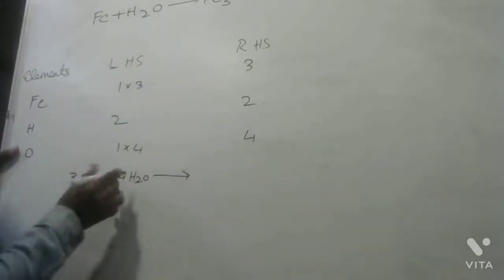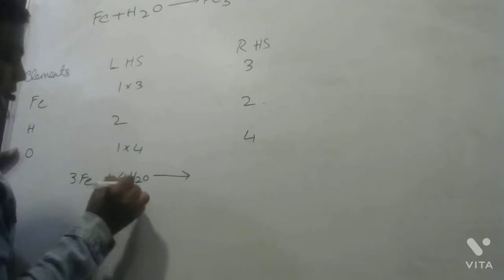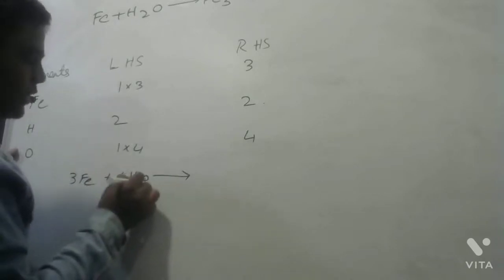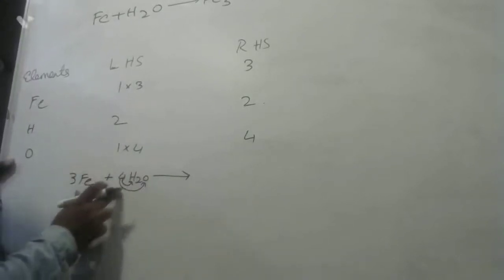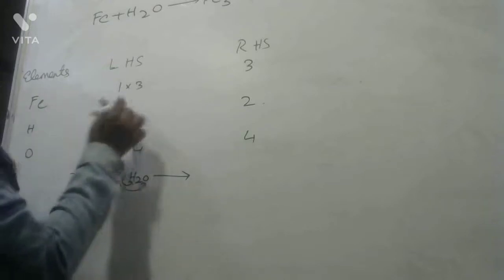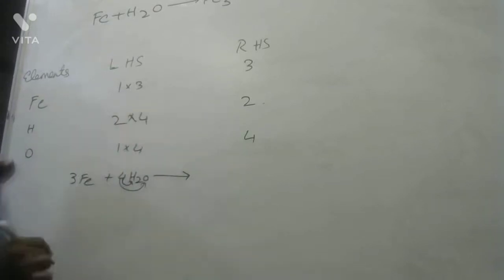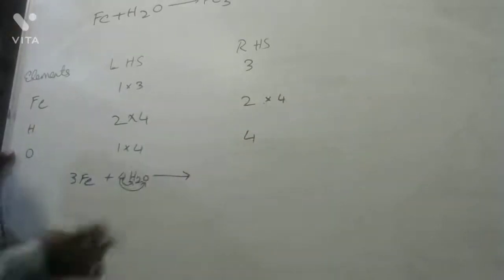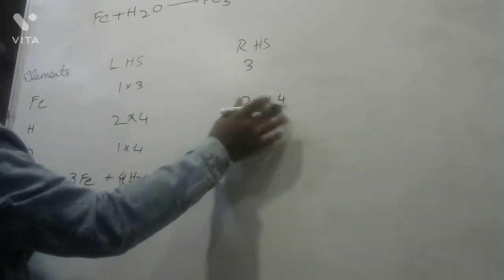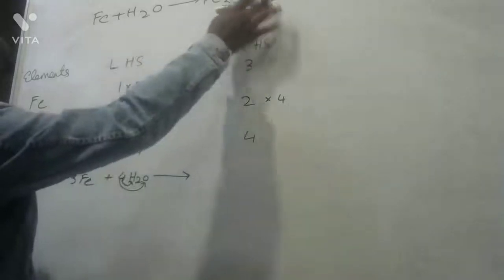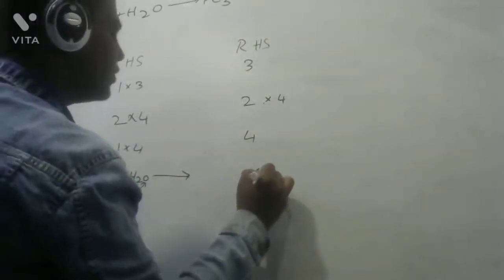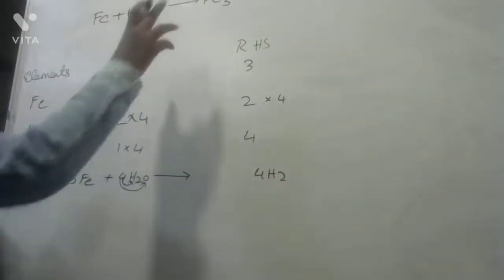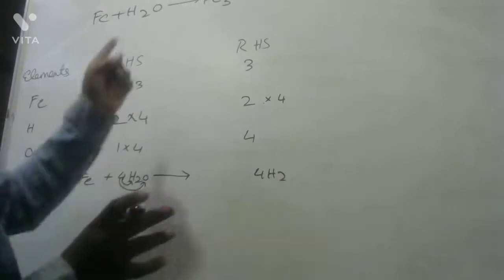Now this 4 is multiplied with hydrogen and also with oxygen. When 4 is multiplied with H2, it is 2 into 4. Here 2 into 4, and here also 2 into 4. So for hydrogen, it will be 4H2 because the main base equation is having H2.